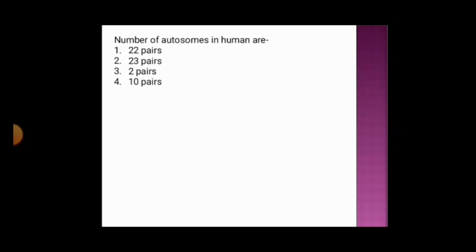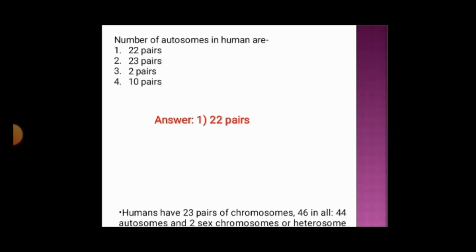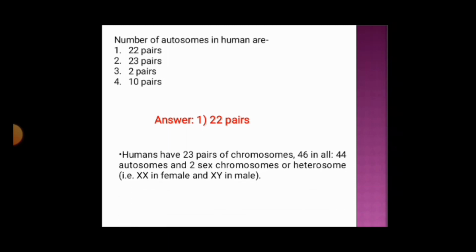Next question. Number of autosomes in human are: option 1 22 pairs, option 2 23 pairs, option 3 2 pairs, and option 4 10 pairs. The correct answer is option 1, 22 pairs. Humans have 23 pairs of chromosomes, that is 46 in all.